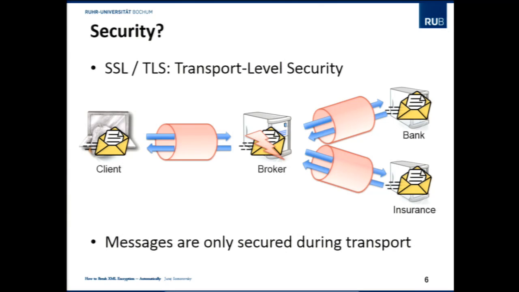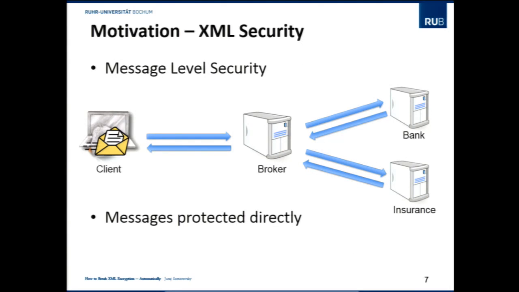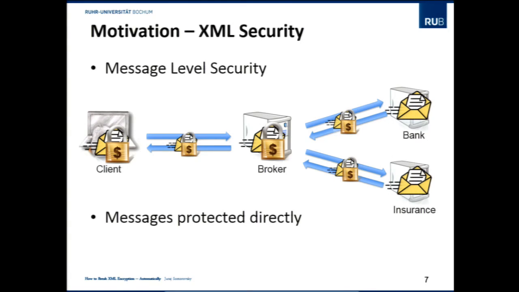So what we need is some kind of message level security: apply a lock on the message and send it through the wire, so that the broker cannot decrypt or modify it, because the message is secured directly, and only the bank and insurance company can then decrypt it.